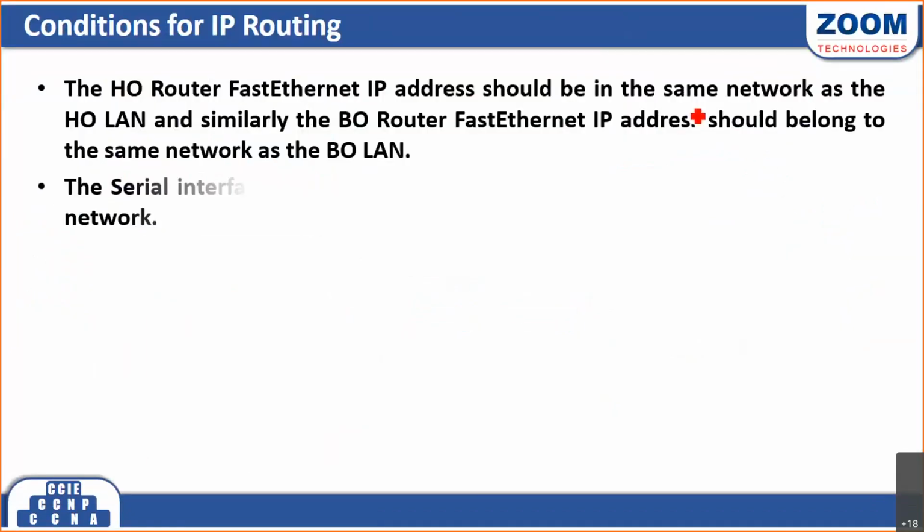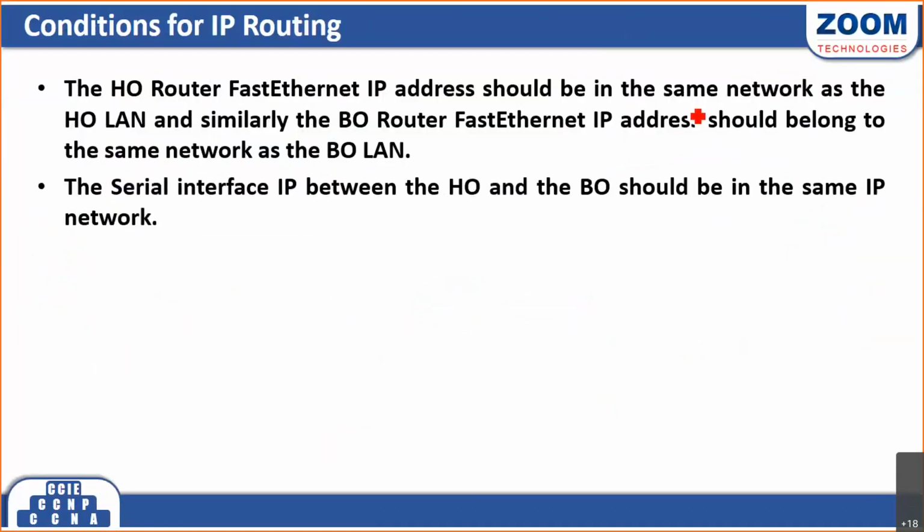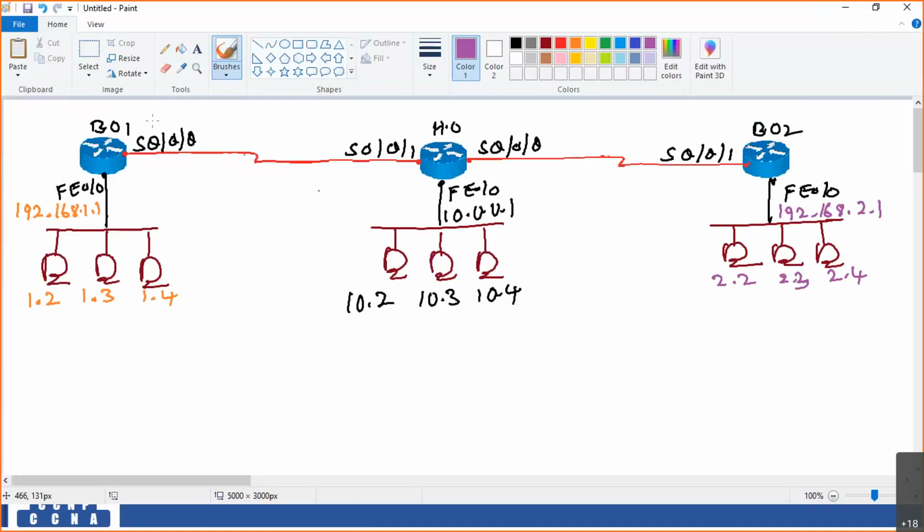Condition number two: the serial interface IPs between the head office and the branch office should be in the same IP network. The serial interfaces between branch office 1 and head office are connected point to point, directly connected, and both interfaces should be in the same network.